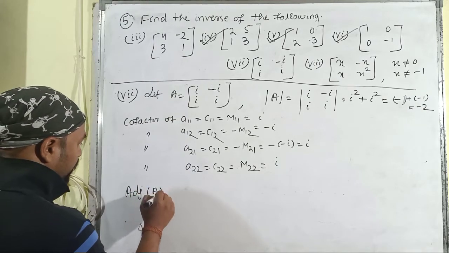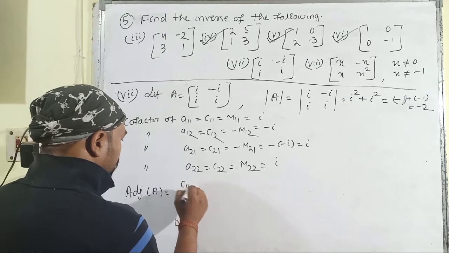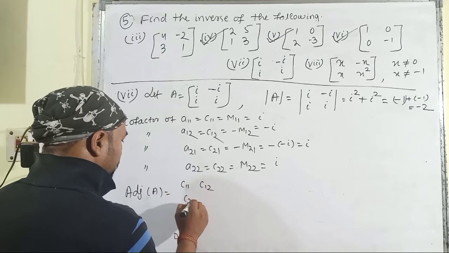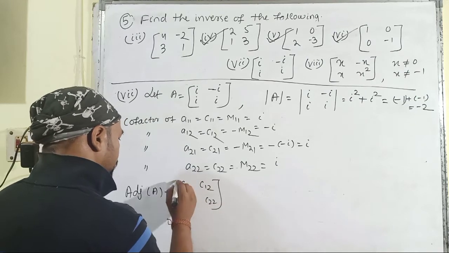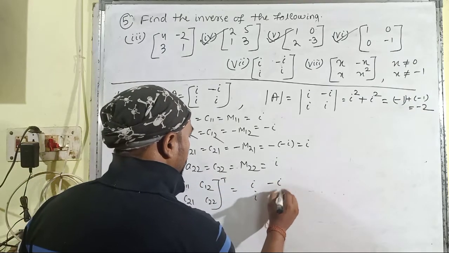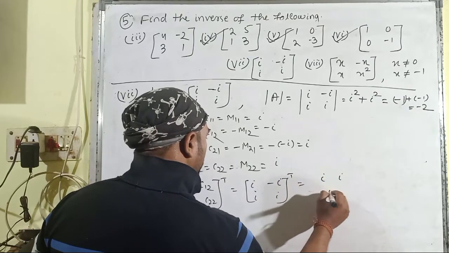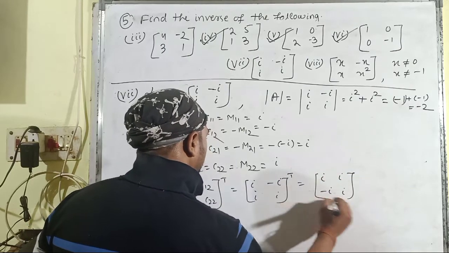Then adjoint of A is determined by the transpose of the respective cofactors of the given elements. So it is [i -i; i i], and it's a transpose, so it will be equal to [i i; -i i].